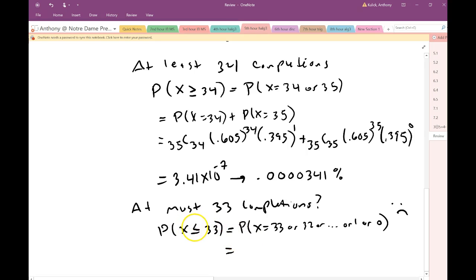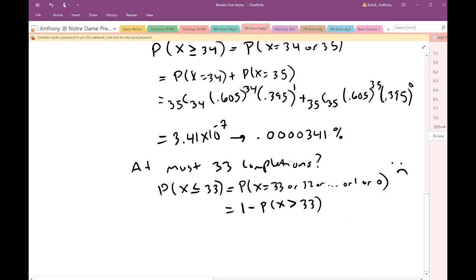So rather than doing everything under 33, I can take 1 and subtract everything above 33. Notice that this is a strict greater than rather than greater than or equal to, because here we're including 33, so the stuff above 33 can't include it, right? So everything above 33 is 34 or 35. Okay with that? And is it wrong to do it this way? No, it's just really tedious.